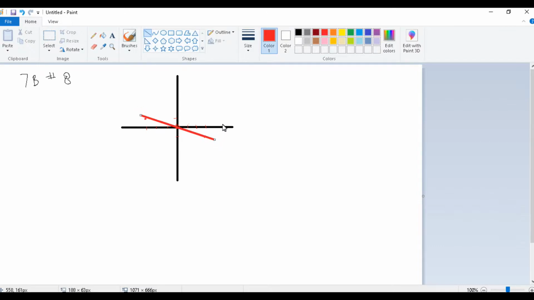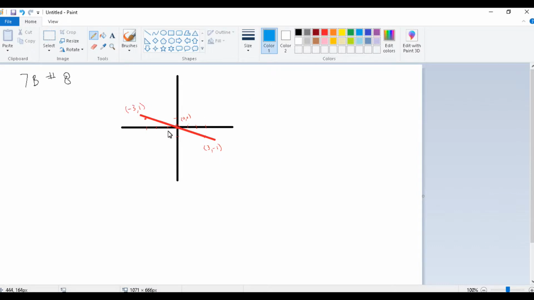So this is the line that we have. And I'm going to write those points out again. It crossed at -3, 1, at 0, 0, and at +3, -1. So what is the slope here?